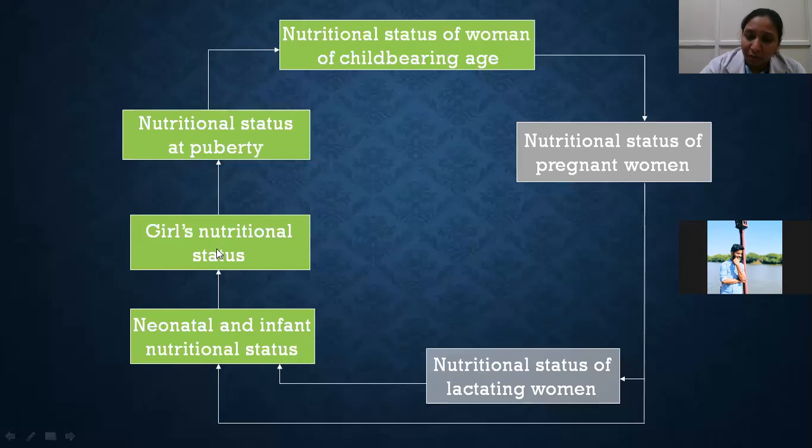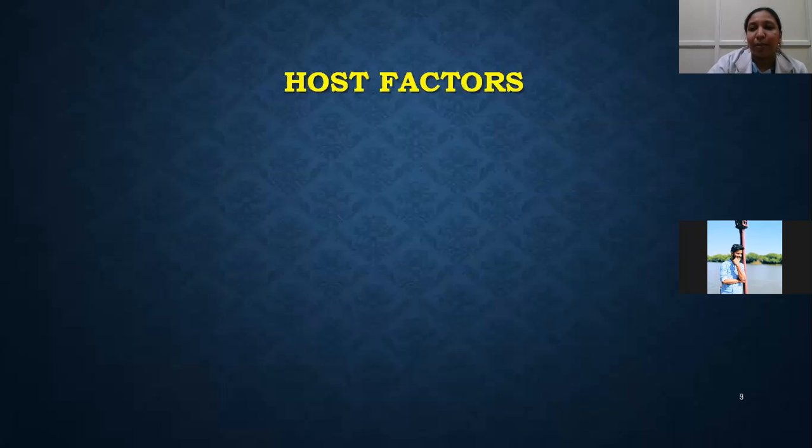And if that continues, if she is a low birth weight girl, she would again be stunted or wasted. She will be malnourished, and again she would be a malnourished mother when she becomes a woman of childbearing age, and again an undernourished pregnant woman. So this is like a cycle. To curb the cycle in between, the nutrition status of the girl child should be improved to cut off this cycle. Okay. Next, coming to the host factors.